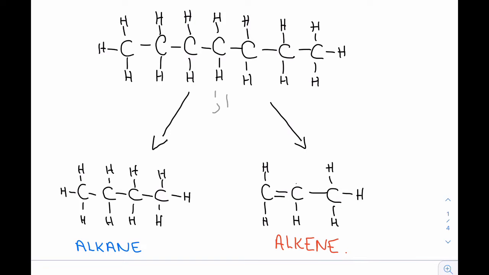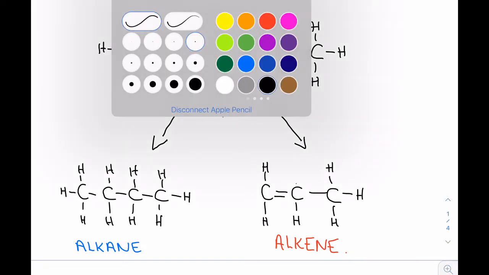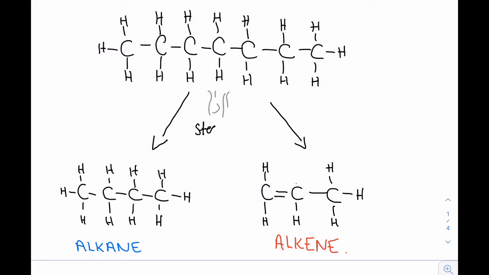Well, you can have steam. Steam cracking is one type, and another way of doing it is adding a chemical called a catalyst. So catalyst cracking is another way of doing it.